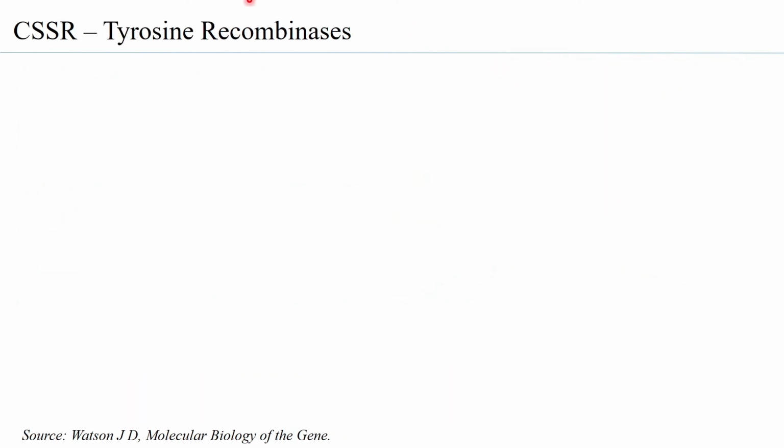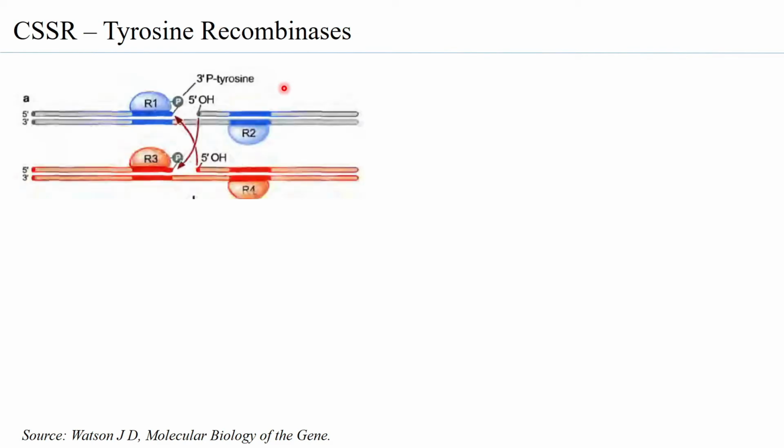Now we look at the second family of recombinase, that is the tyrosine recombinases. In case of tyrosine recombinases, the mechanism is slightly different, as the tyrosine recombinases do not cut both the strands at the same time. So tyrosine recombinases have a tyrosine residue present at the active site, and that also has its OH group that is active.